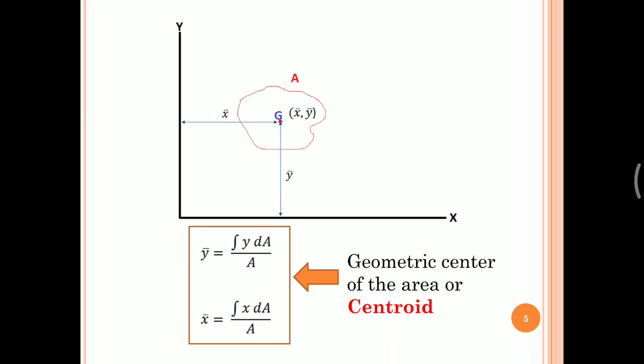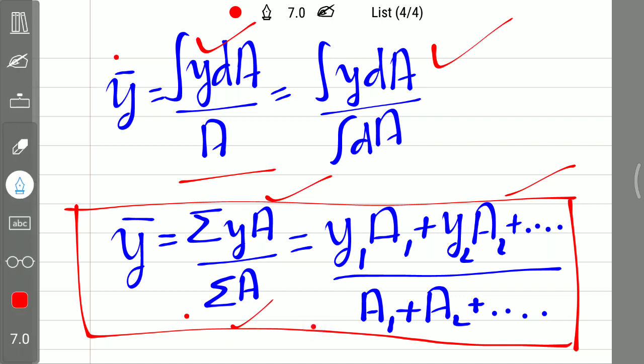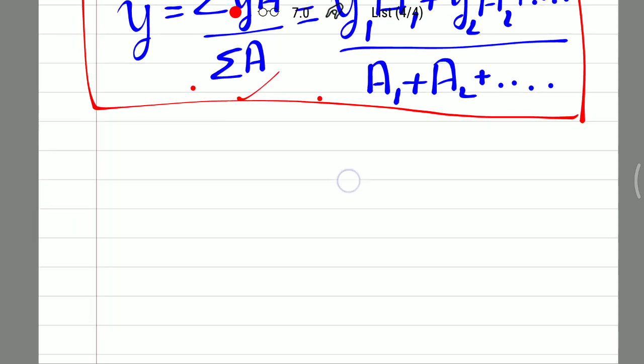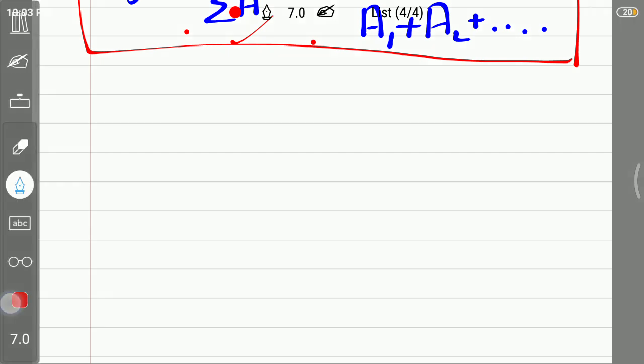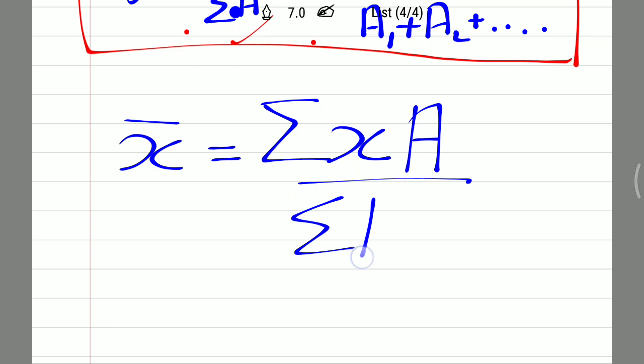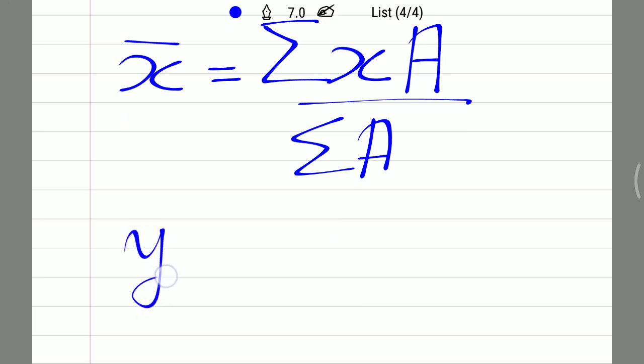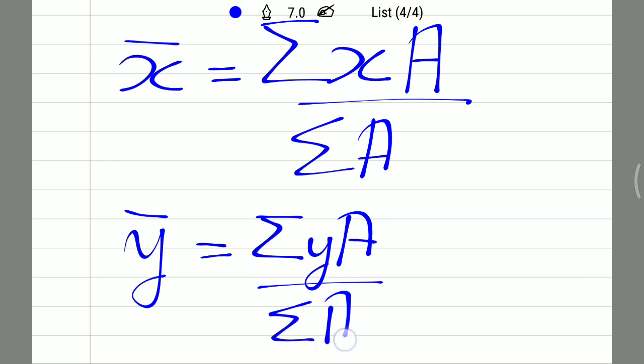In the problems we will be using the summation type of equation, that is y bar is equal to sigma y dA by sigma A. So in our problems we'll be using x bar is equal to summation of x a by summation of a, and y bar is equal to summation of y a by summation of a.